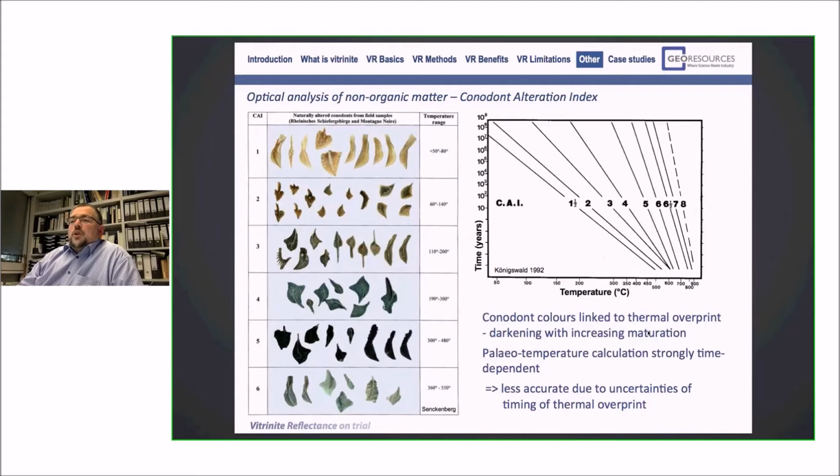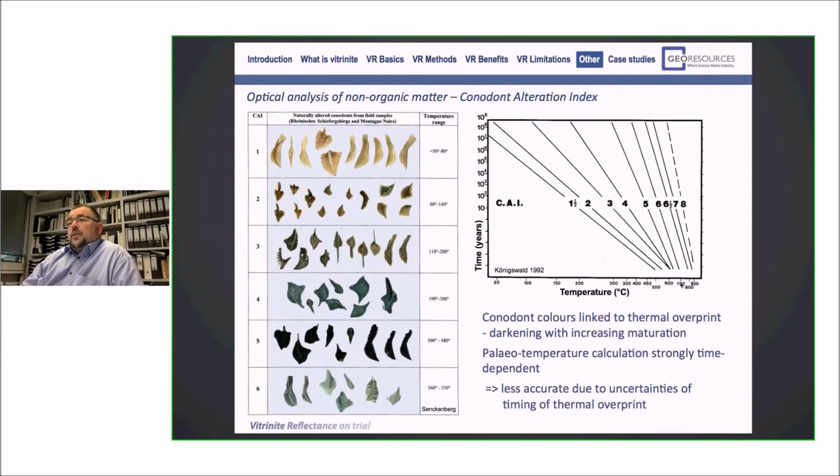And these conodont colors are linked to thermal overprint, darkening with increasing maturation, and then again lightening in the upper maturation. Paleo temperature calculation from the conodont alteration index is strongly time dependent. This means it's less accurate due to the uncertainties of timing of your thermal overprint.